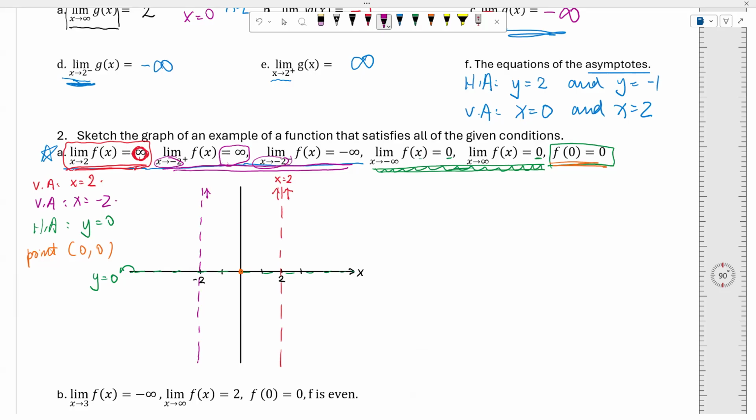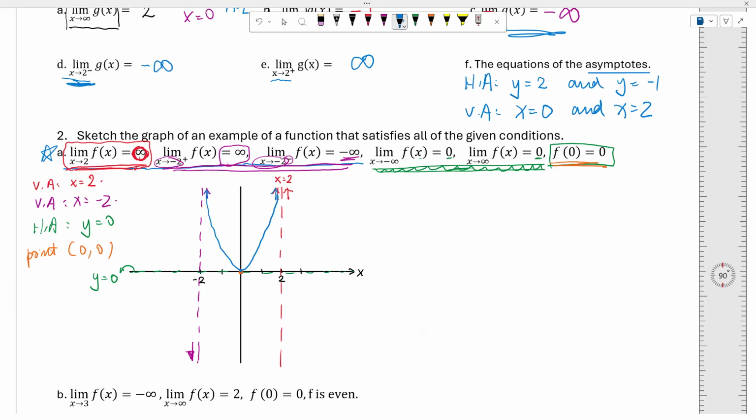From the left, it goes to negative infinity. So now we could actually sketch the function. Consider this arrow and this point right here. We would like to connect this arrow to this arrow, going through this point. So we could actually do it this way.